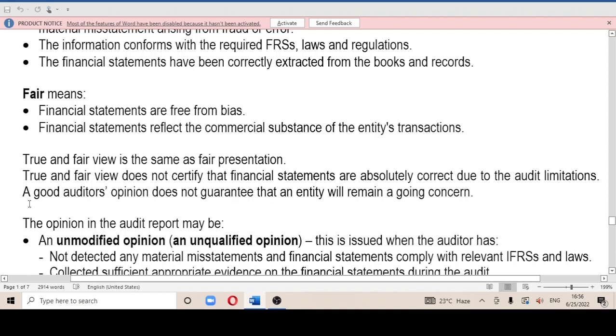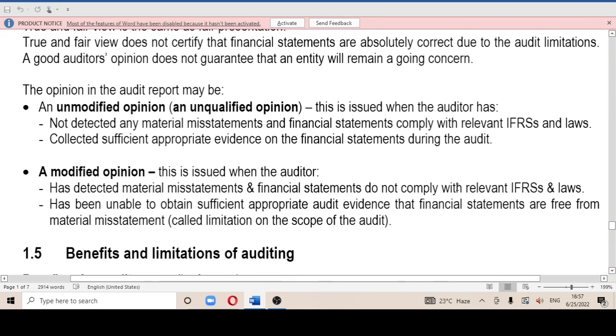Then it says here that a good auditor's opinion does not guarantee that an entity will remain a going concern.